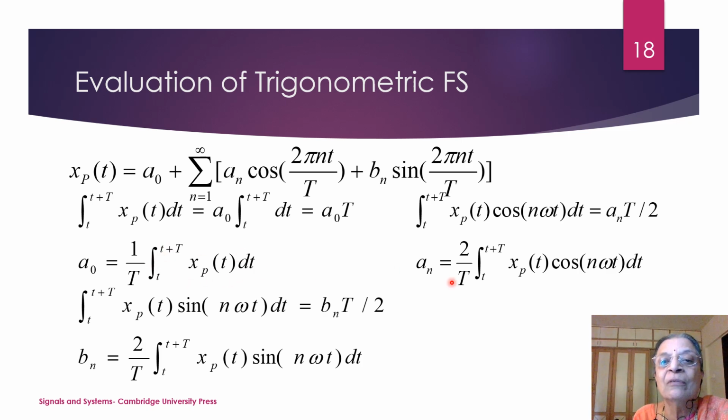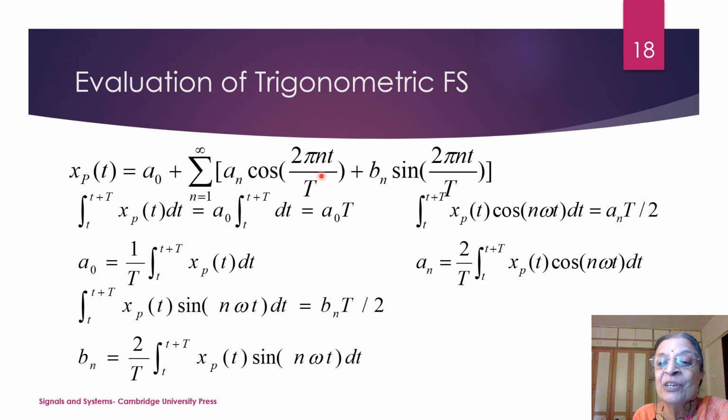Now, if I want to calculate an, what will I do? I will multiply this x(t) by cos n omega t, right? And when I multiply it by cos n omega t, on the right hand side I get a0 cos n omega t, that will integrate to 0. Then an, this is cos n omega t into cos n omega t.